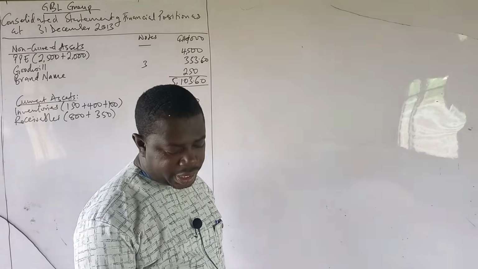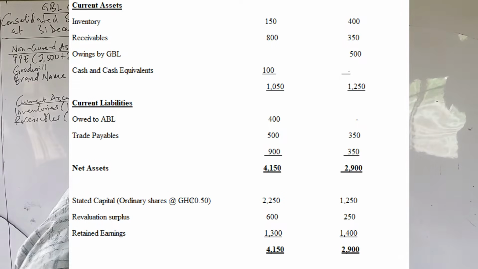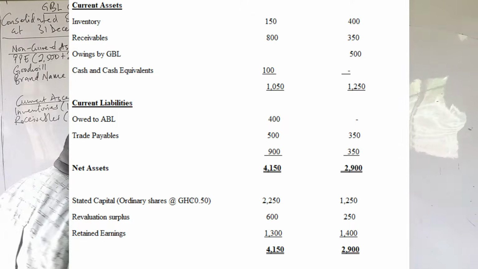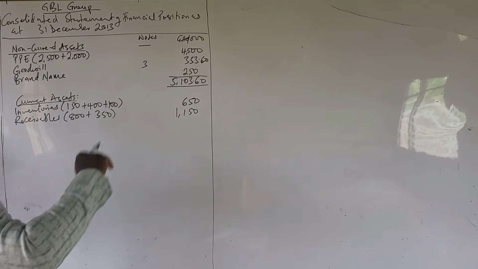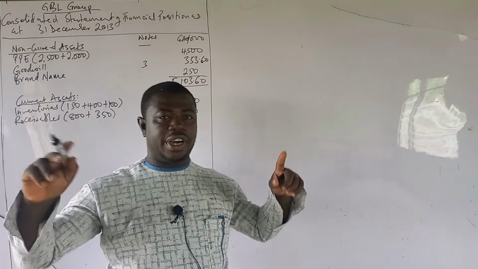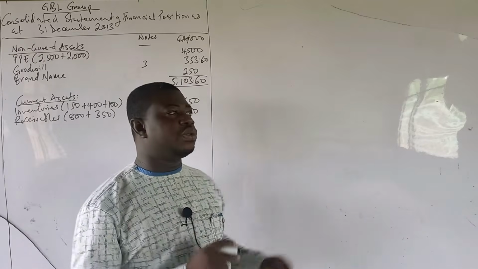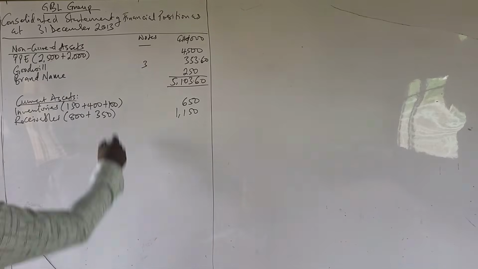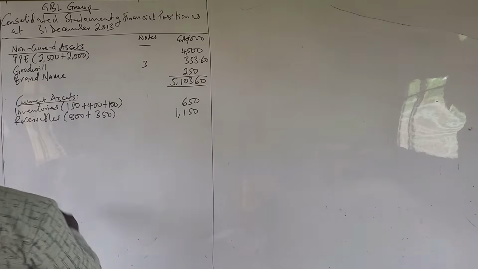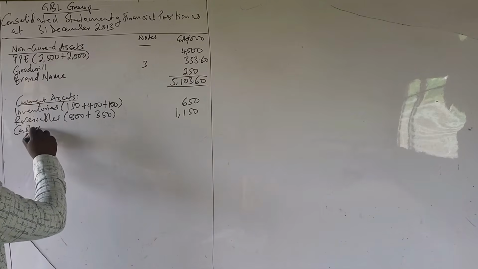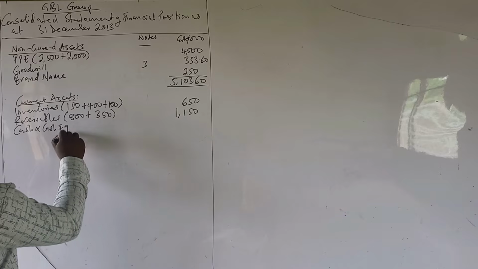And then we move on to the next item, which is going to be, I think, just because the owings to GBL and the owings by GBL and ABL have cancelled out. And that is why we have the goods in transit. So let's bring our cash and cash equivalents.